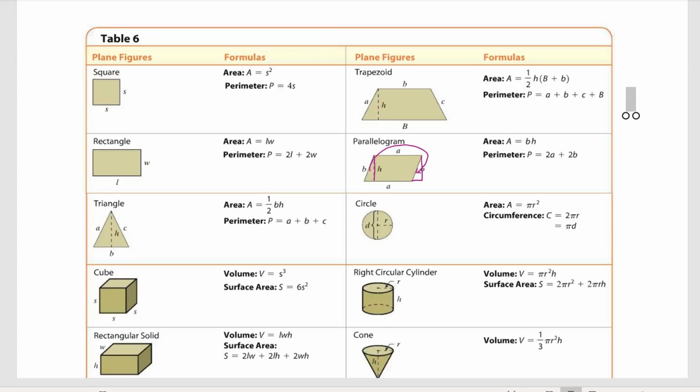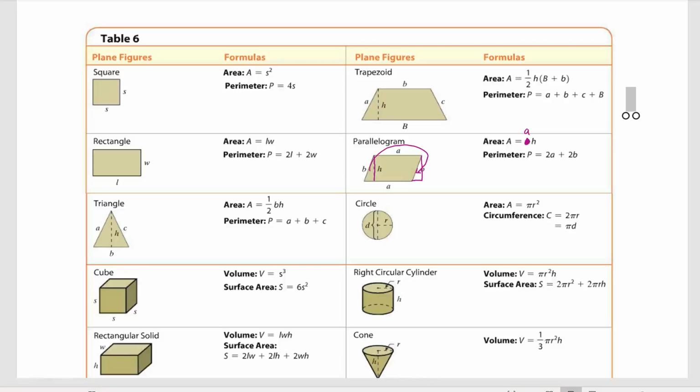Is the height H. So that's why the area of the parallelogram is base times height. Oops. I think here there's something wrong. The base is actually B. Okay, base times height. And the perimeter is 2A plus 2B. Okay, or maybe let me change this one to BA.